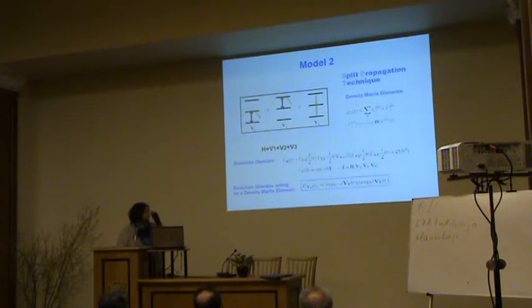That's our first model. The second model was developed by our colleagues in St. Petersburg and is based on the so-called split propagation technique. It's a little bit more complicated. In that case, you have to divide the Hamiltonian into different parts, which include coupling of the ground state, coupling of the ground and intermediate state, coupling of the intermediate and final state, and also the decay processes.